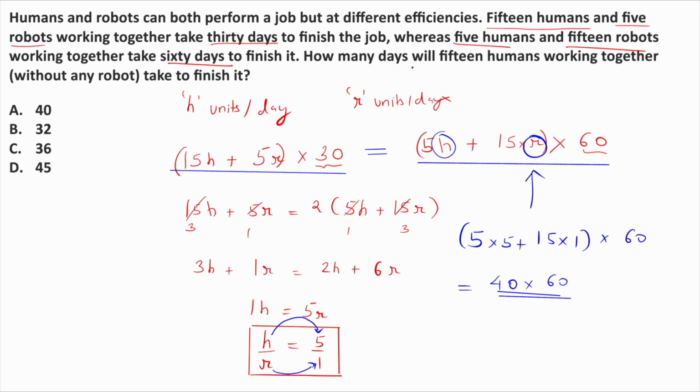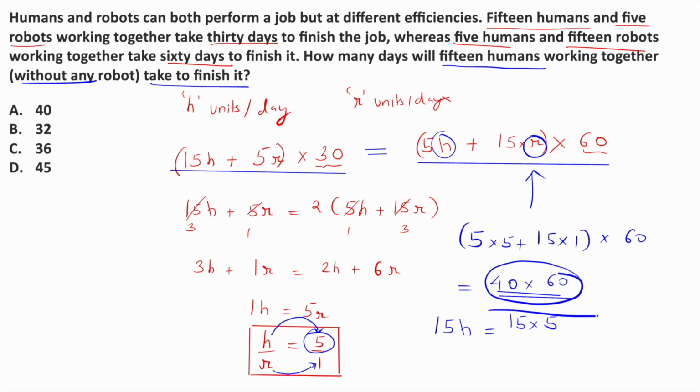The final part of the question is, in how many days will 15 humans working together without any robot take to finish it? So the efficiency of each human is 5 units per day. So the efficiency of 15 humans will be 15 into 5. We just need to divide this total work 40 into 60 by the total efficiency of 15 humans, 15 into 5.